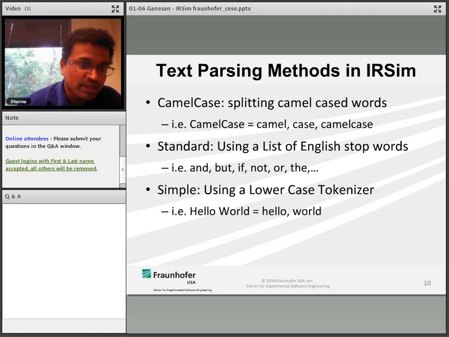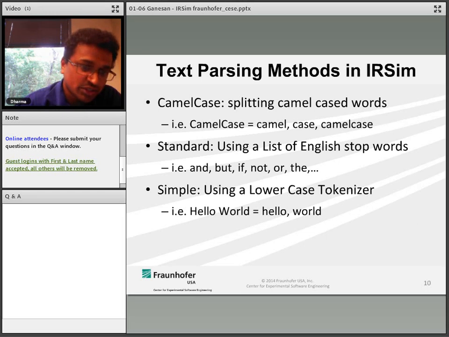Like camel casing, for example, is a mix of two words. It's a camel and cas, and then camel cas. So if we use camel casing as a strategy for splitting, we try to find where the characters are changing from upper to lowercase and we split it there. So this particular word will result in 3 words.